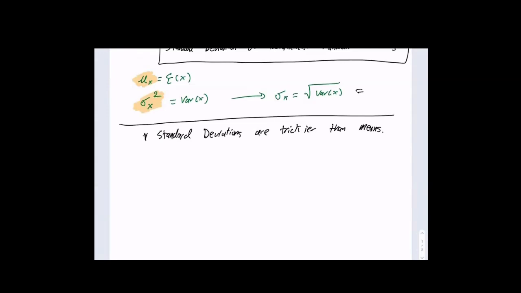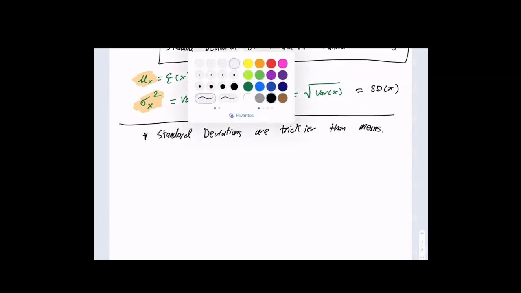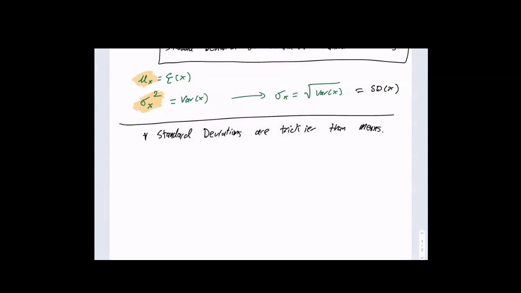Sorry, I meant to write it up here as well. Standard deviation of x. So the first rule that we have is on those first two rules. So the standard deviation of a times x, in other words, a constant multiple, is exactly what you think it is.